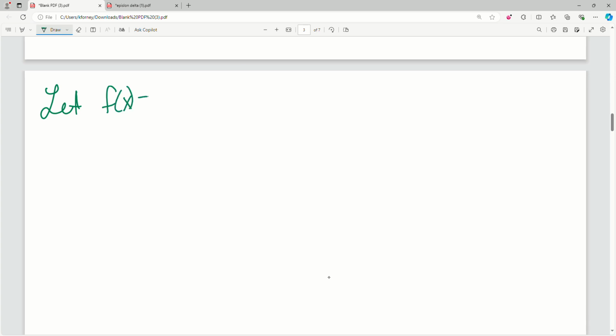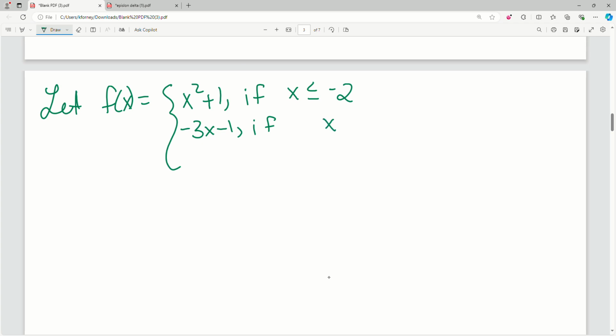So let's look at f of x equal to x squared plus 1 if x is less than or equal to negative 2, negative 3x minus 1 if x is between negative 2 and positive 1 but not equal to negative 2, and then 2x squared minus 5 if x is greater than 1.